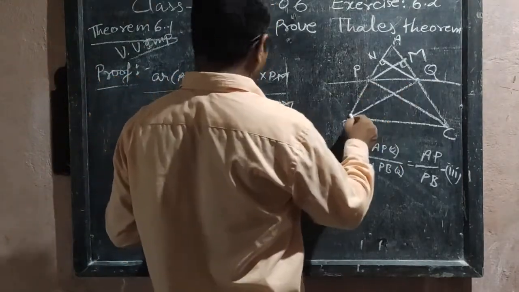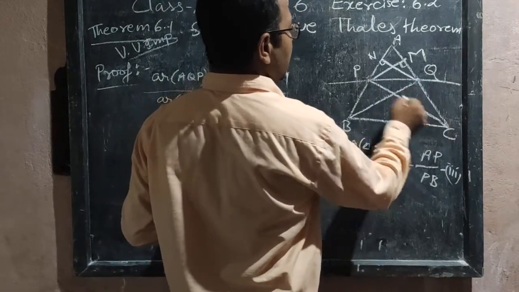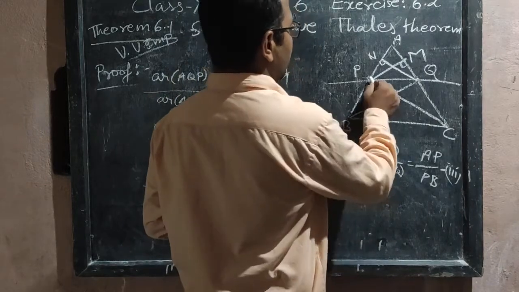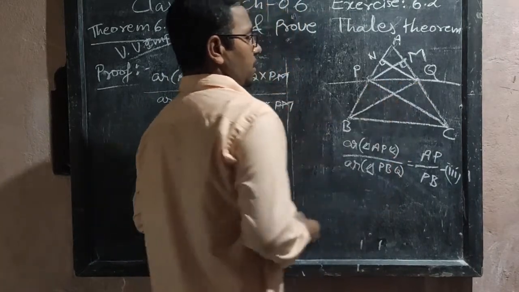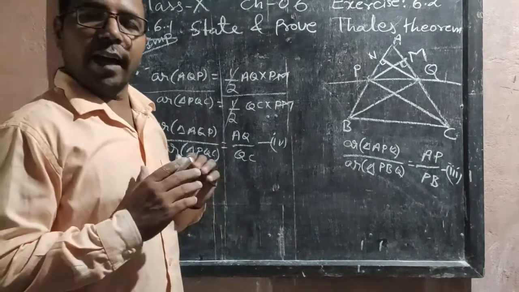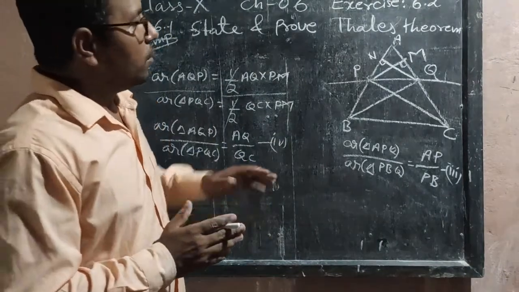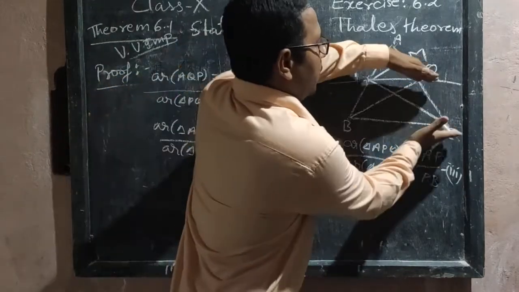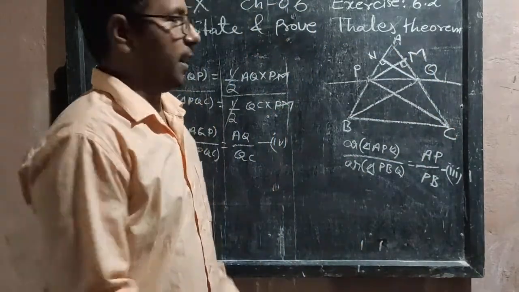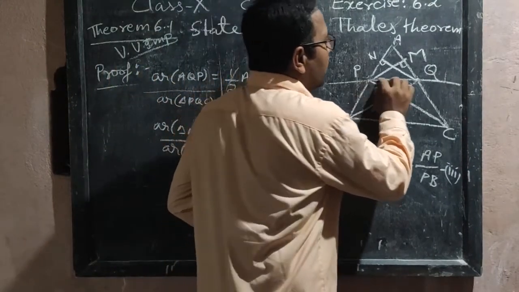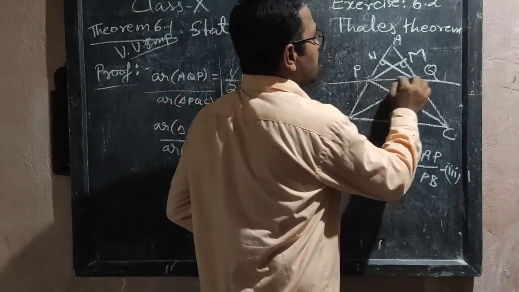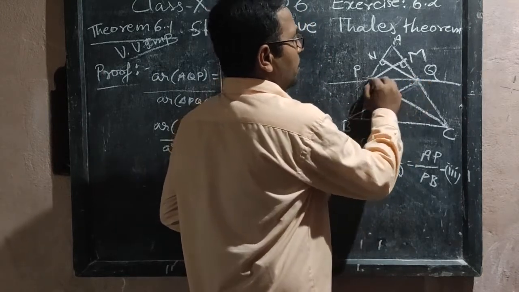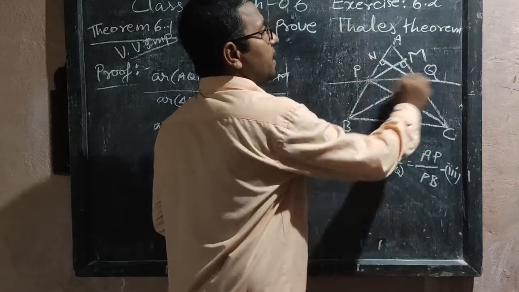Let's see in the figure: triangle PQB and triangle PQC, the area of triangle PBQ, are also equal. How are they equal? Because these two triangles lie between the same parallel lines and have a common base. This PQ is the common base for both triangles, PBQ and PQC.